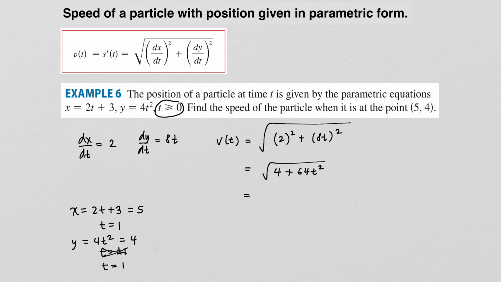And so I'm just confirming that t equals 1 does indeed give us the point x equals 5, y equals 4. And so now to find the speed, all I need to do is substitute the value t equals 1 in here. And when we do this, we get the square root of 68, which can be simplified to 2 radical 17.